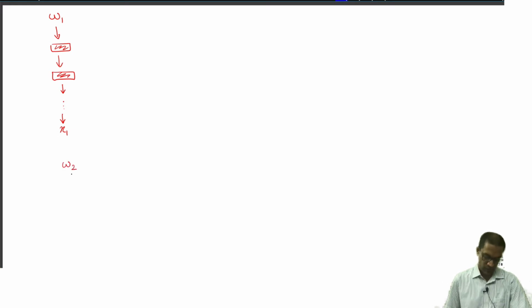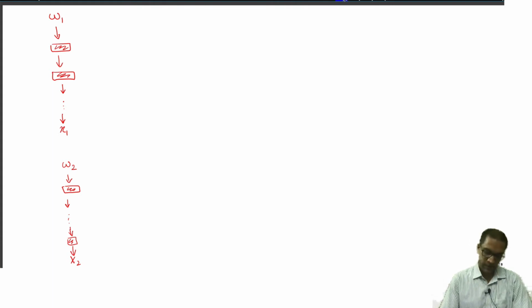I can start at W2 and follow my rules successively till I reach x2. So that's what the definition says. Now, given this, we need to show that if I start with W1 star W2, I can reach x1 star x2 by means of my basic rewriting rules.